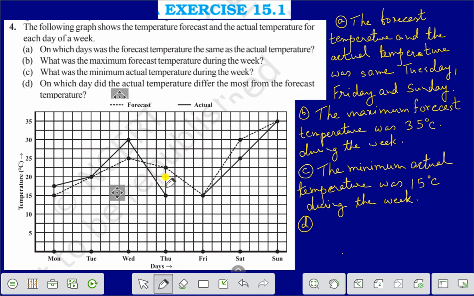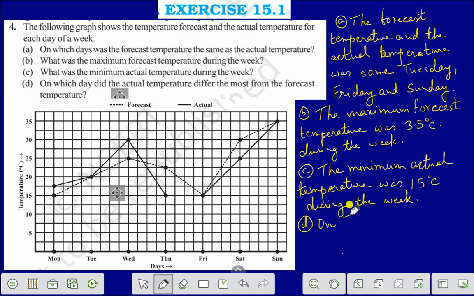This is the maximum temperature difference between the forecast temperature and the actual temperature, right? On which day did the actual temperature differ the most from the forecast temperature? On Thursday. You see, this is the difference, right? This is 15 degrees and this is 20 and this is 25. That means 22.5 degrees, right? That is the difference, right?